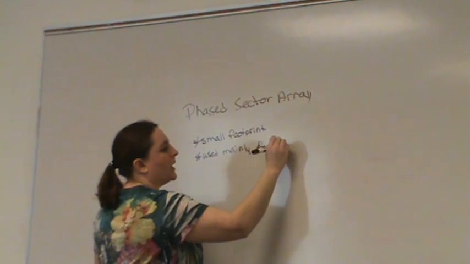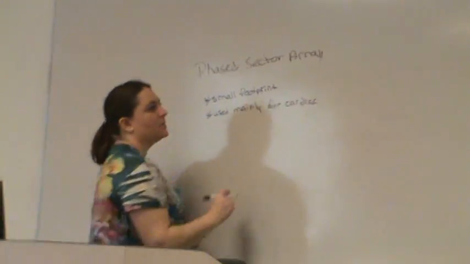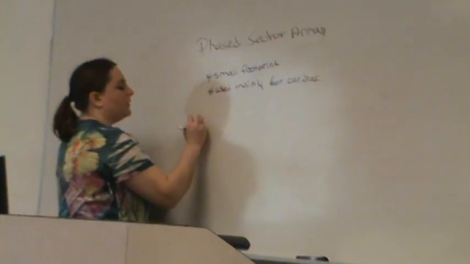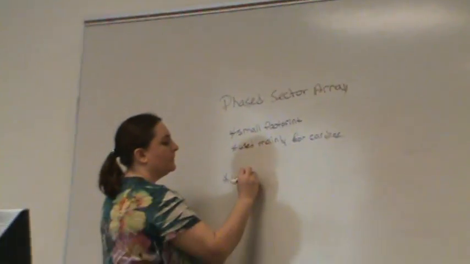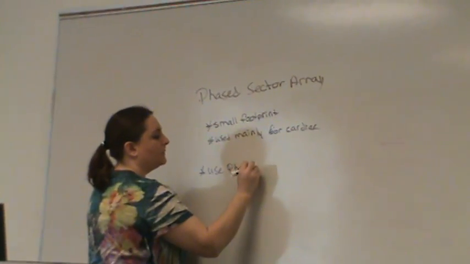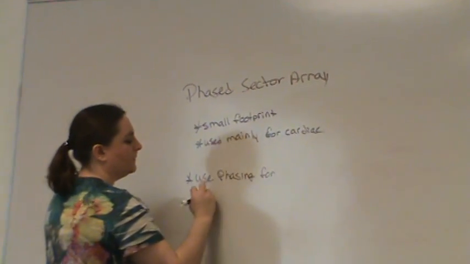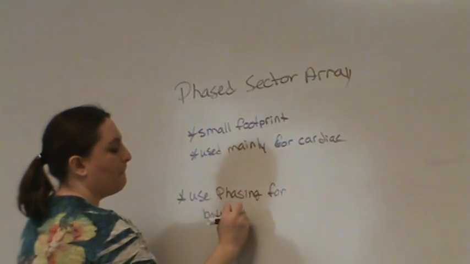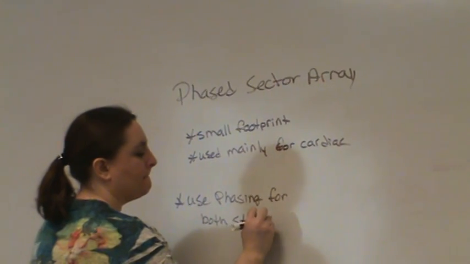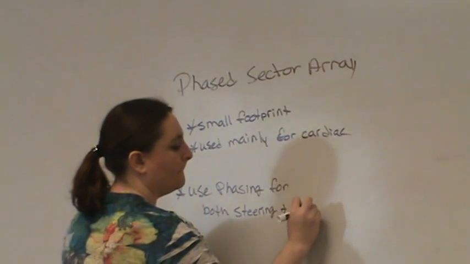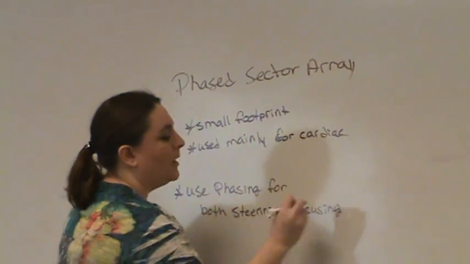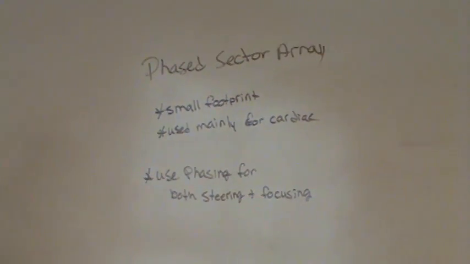Used mainly for cardiac scanning. Doesn't mean we can't use it for other things, but that's typically what it does. So this is going to use phasing for both steering and focusing.